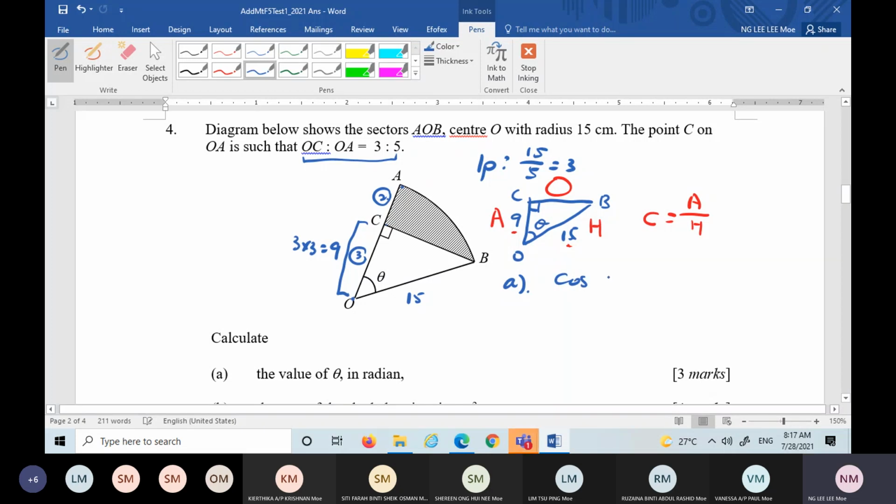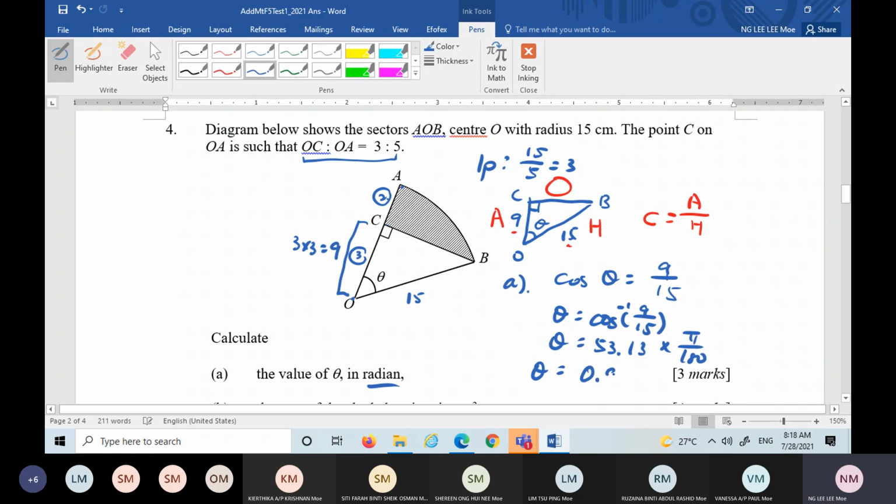So cos theta is equal to adjacent, 9, over hypotenuse, 15. Therefore, you will press on the calculator shift cos, 9 over 15. So this is what you're going to get, 53.13. But they want it in radians, so change into radian, times pi divided by 180.